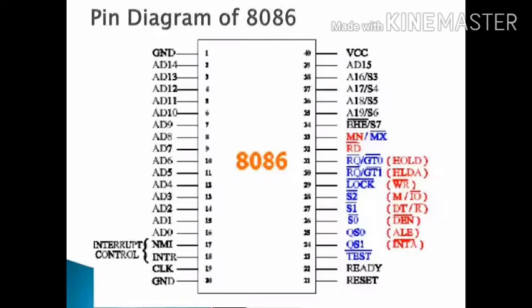In this signal, the pins are to be isolated from the system data bus. So at that time 8086 will give the data enable signal.